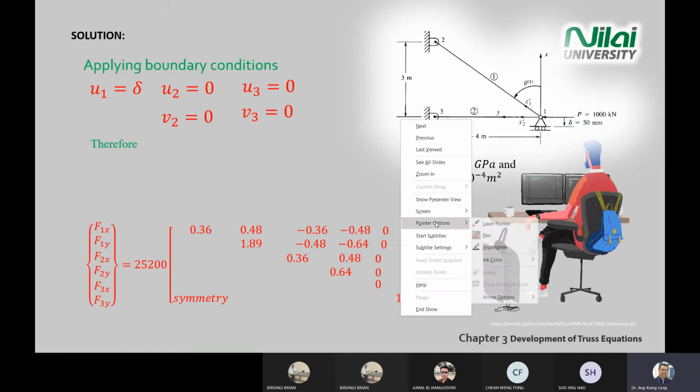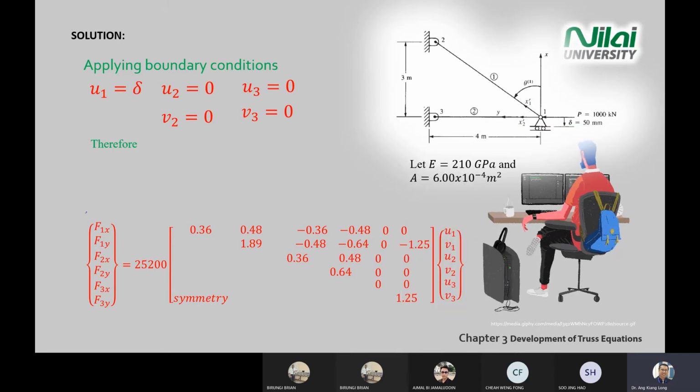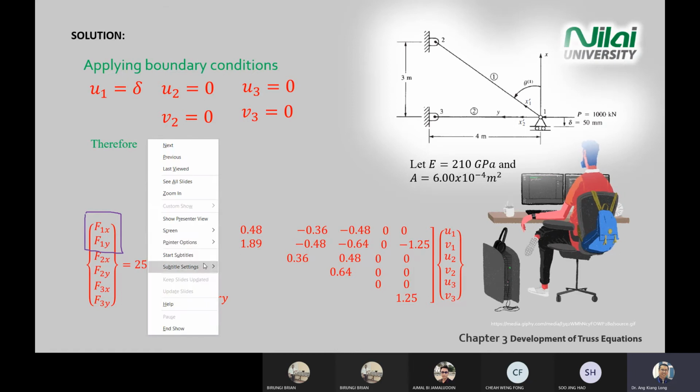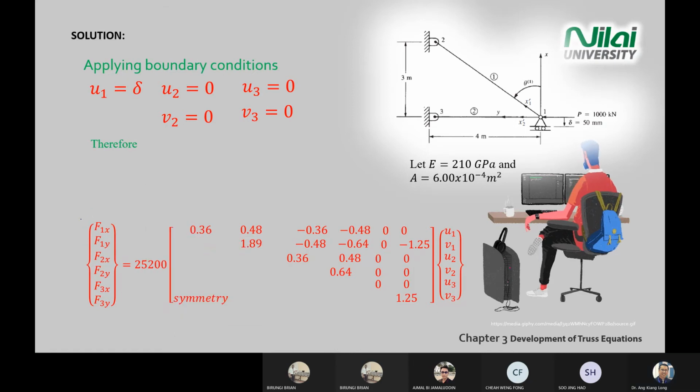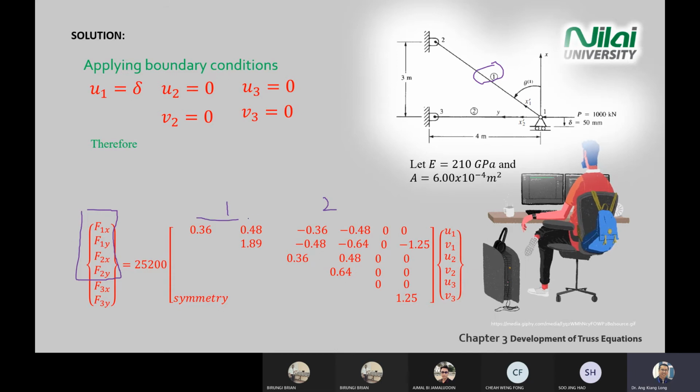Let me label with purple color. If you look at element 1, which is here, element 1 connects point 1 and point 2. So actually you're looking at this section and this section.